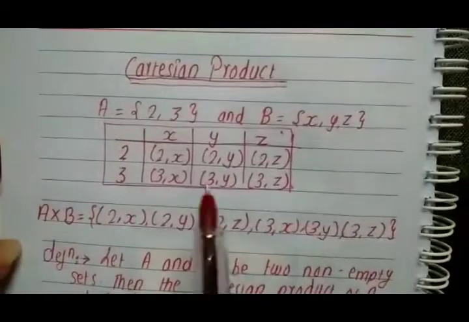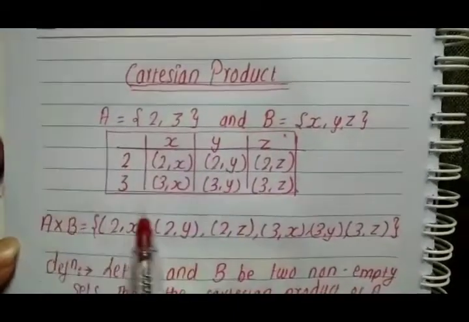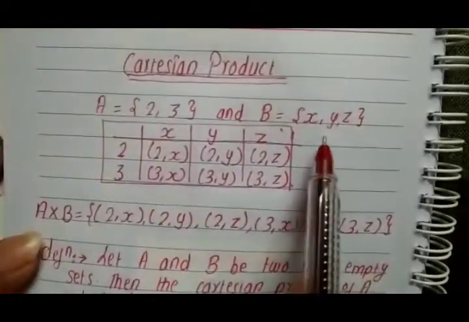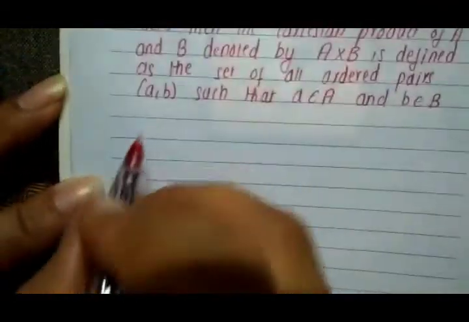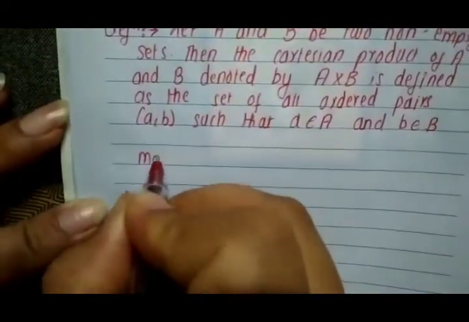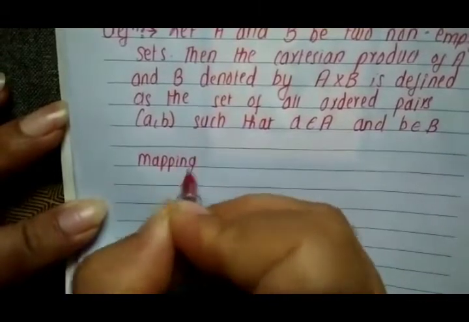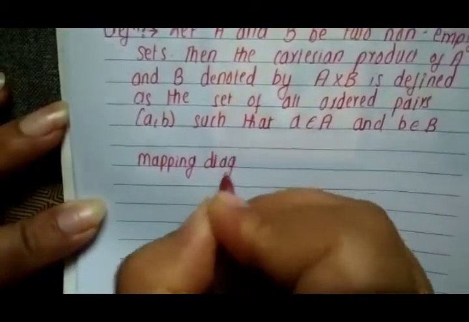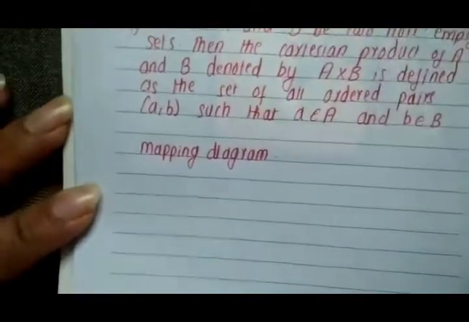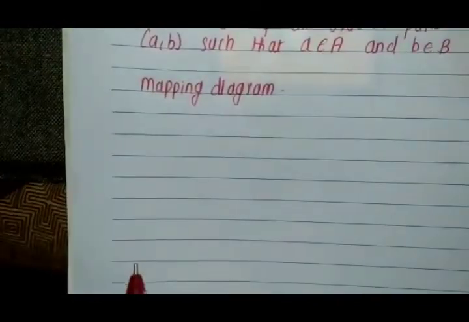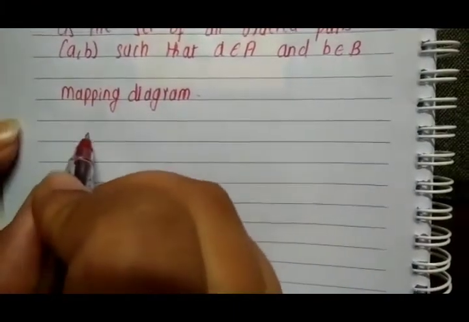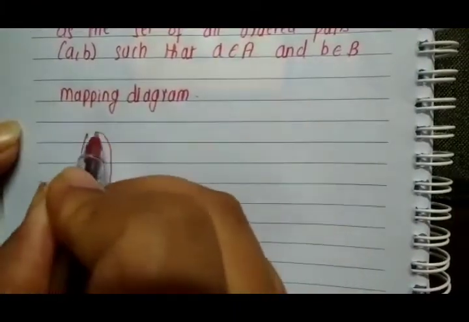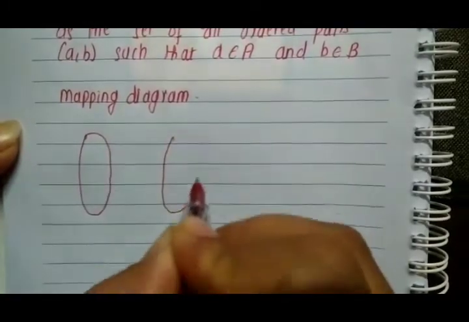Now this Cartesian product can be displayed or represented in different methods. Let's represent it. First method is the mapping diagram. In a mapping diagram, we will make two circles, two oval shapes, like this.